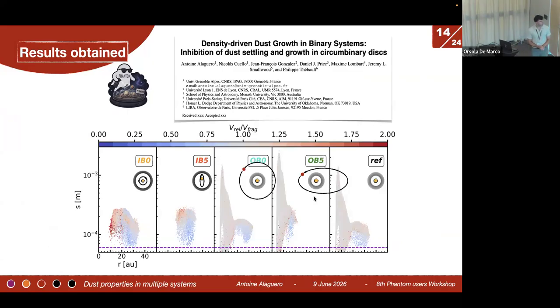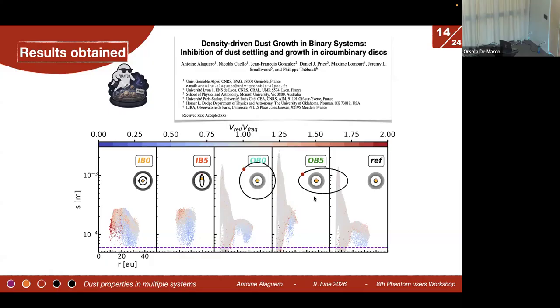And then myself, I've always been interested in binary and multiple systems, so I've applied the algorithm to this kind of system. You can see in these panels the grain size as a function of radius again, and each panel is a different orbital configuration of the binary. So this has circumbinary disks, and then you have circumstellar disks.